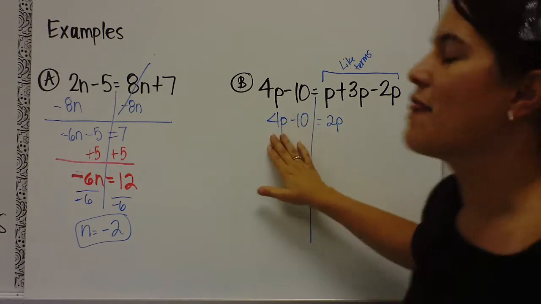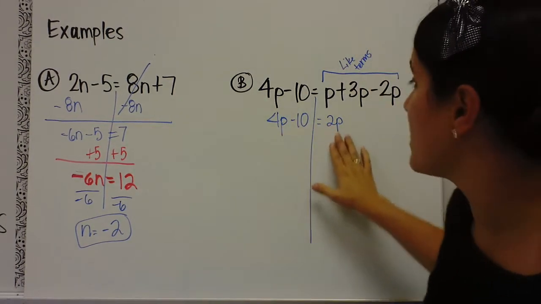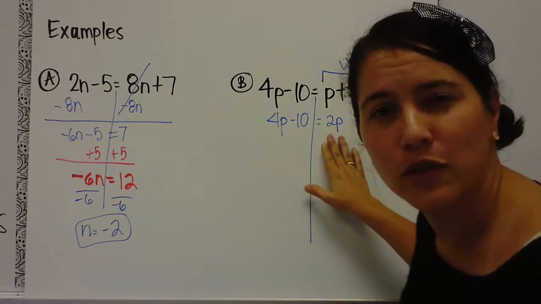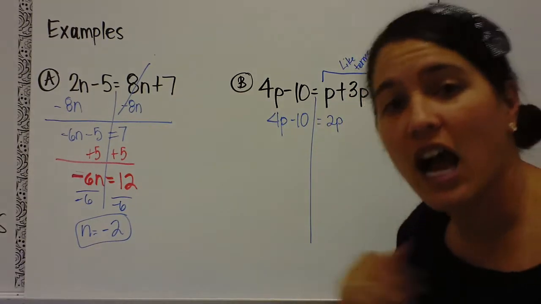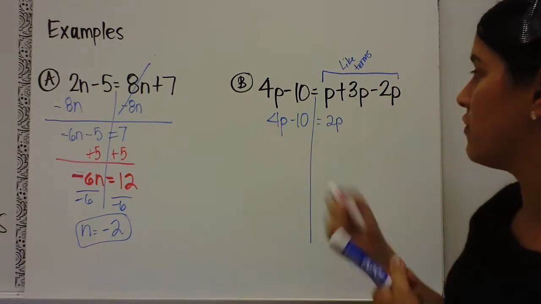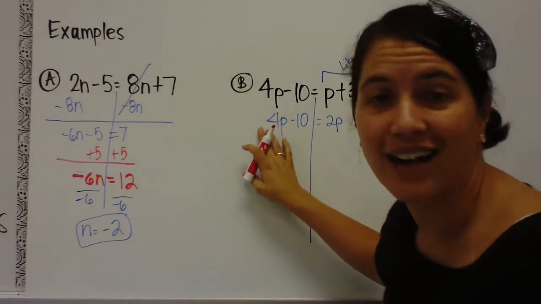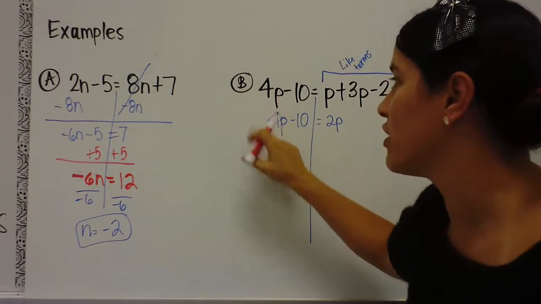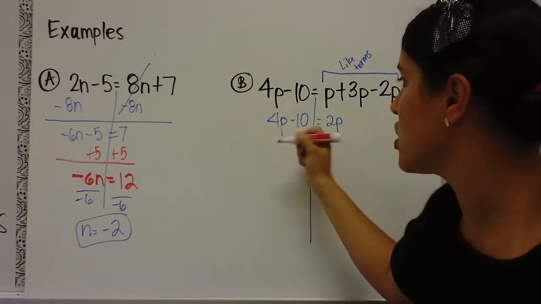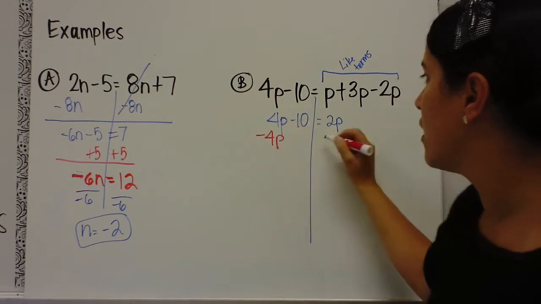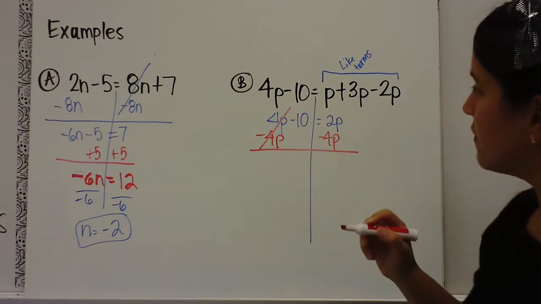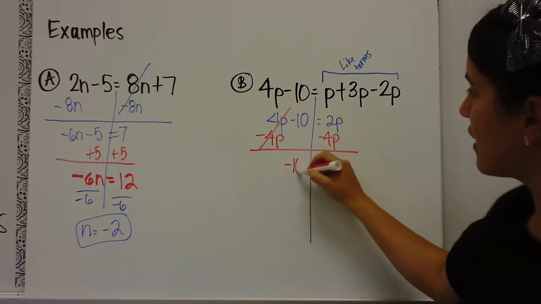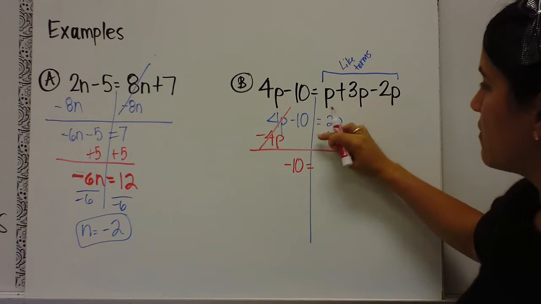All right. Now in this example, I can move my 2p over, but if I move my 2p over, I won't have anything else on this side. So I'm going to choose to move my 4p over here. This is a positive term. In front of it, there's no negative, so this is a positive term. So I need to undo it with a negative term. And I bring down -10, 2p minus 4p.